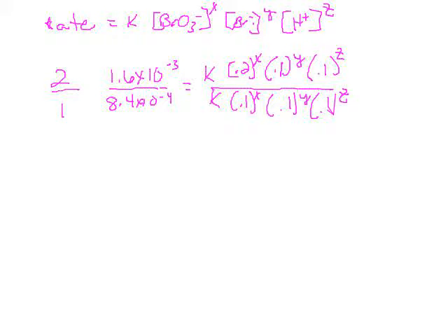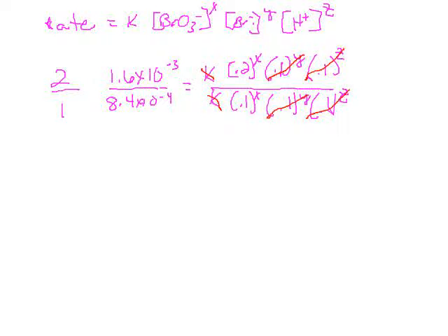So you can see that I can cancel out my K's. It's going to be the same. I can cancel out my 0.1s to the Y and my 0.1 to the Z, because those are identical to each other. So now I'm just left with a ratio to work with.